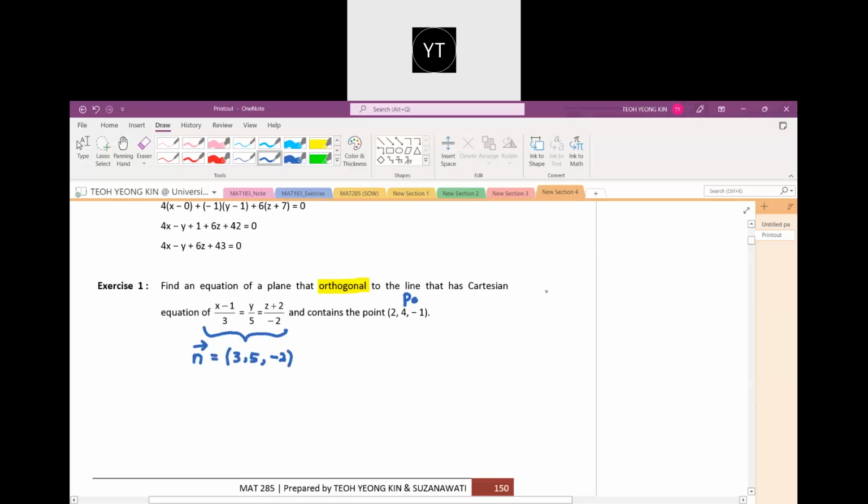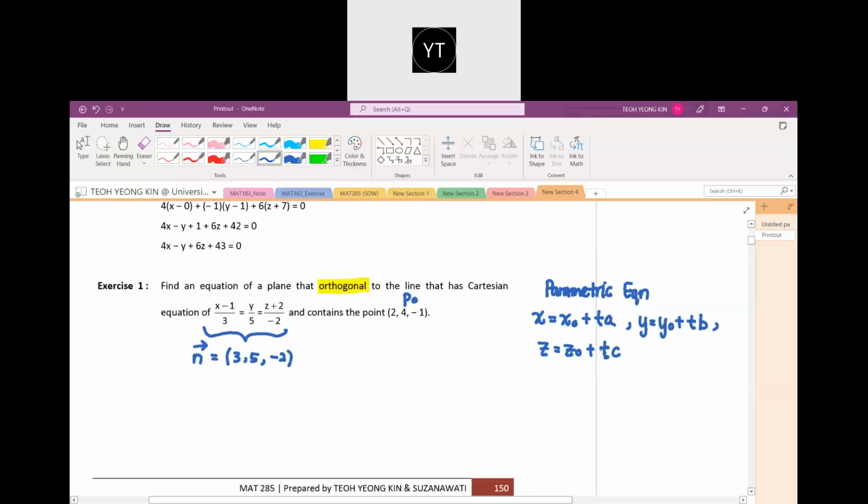If you still remember, for the parametric equation, the general form is x equals x naught plus t times a, y equals y naught plus t times b, and z equals z naught plus t times c. So you can see that a, b, c is actually the coefficient of t.